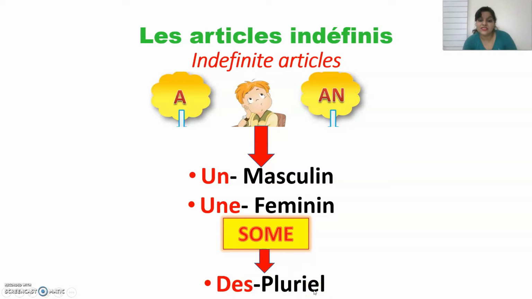That means we always say some apples. We never ever say some apple, or we say some oranges, some pineapples. Okay, so the noun that is used with des will be always plural. So again I'm repeating, there are 2 ways of writing a or an, un and une, and only one way of writing some, that is des.